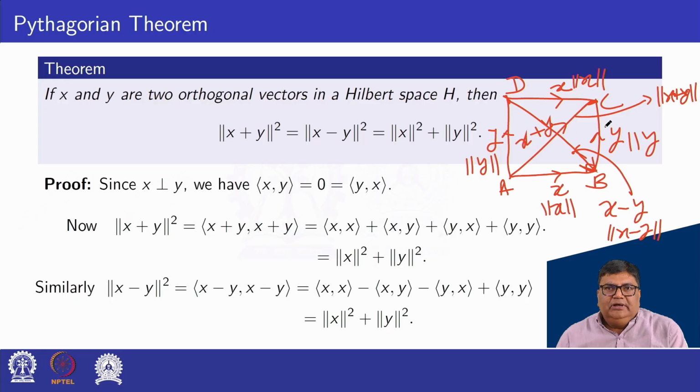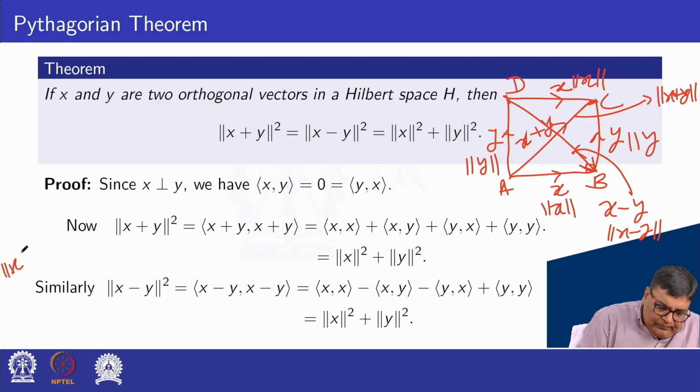Okay, this vector and this. Now, the square of the norm of x plus y, we can write as the inner product of x plus y, x plus y, because the norm of x squared is equal to the inner product of x, x.